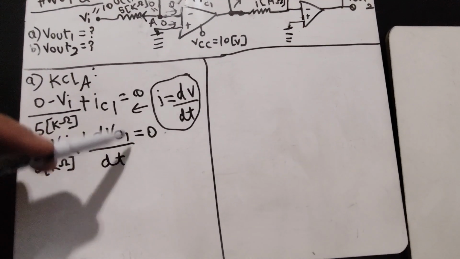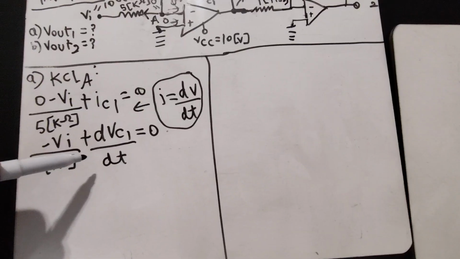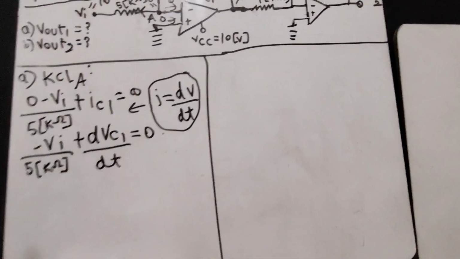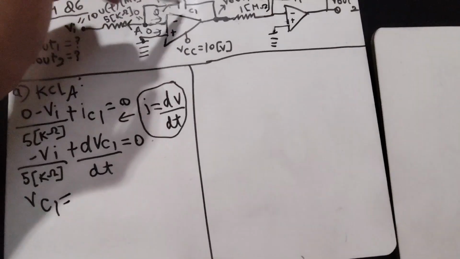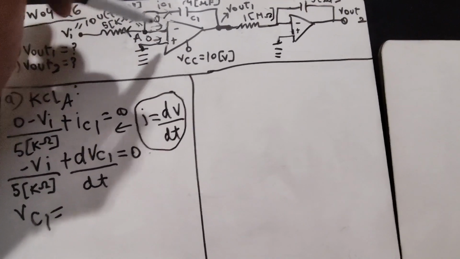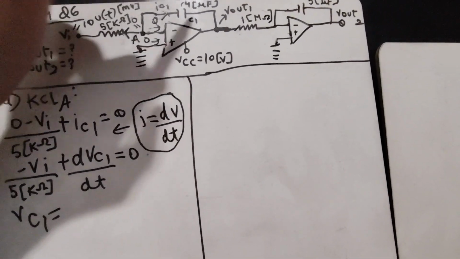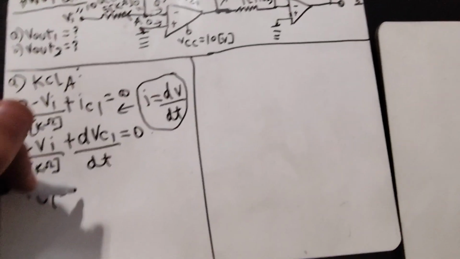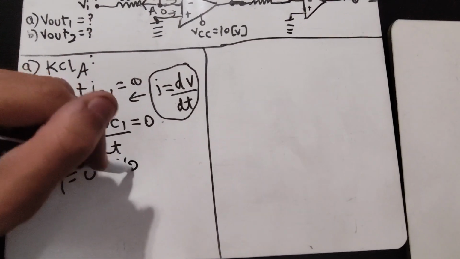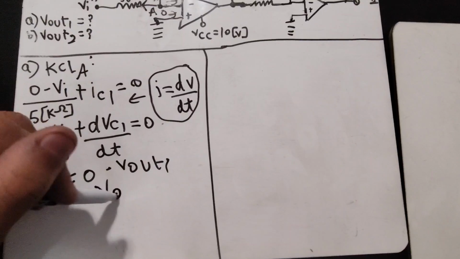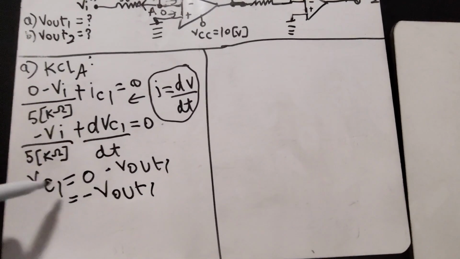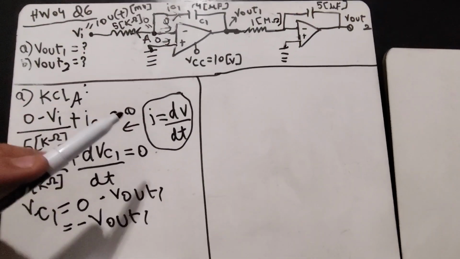Now we need to isolate VC1. VC1 is the voltage across the capacitor, which is 0 minus Vout1, so VC1 is negative Vout1.